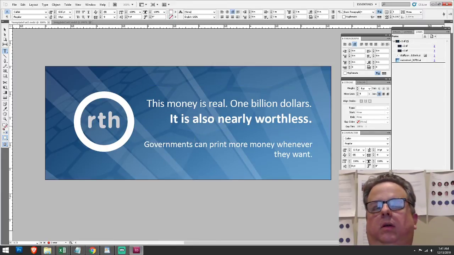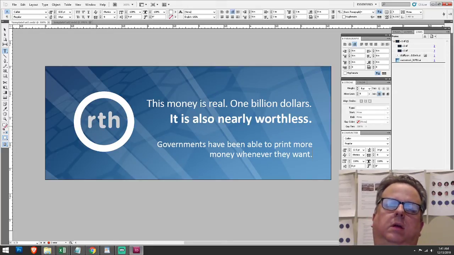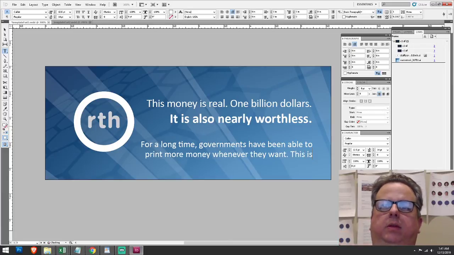Governments have been able to print more money whenever they want. For a long time, governments have been able to print more money whenever they want. This is bad.